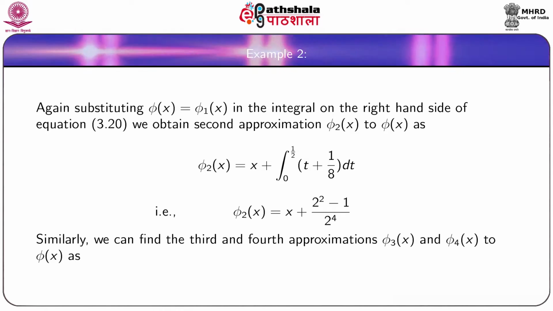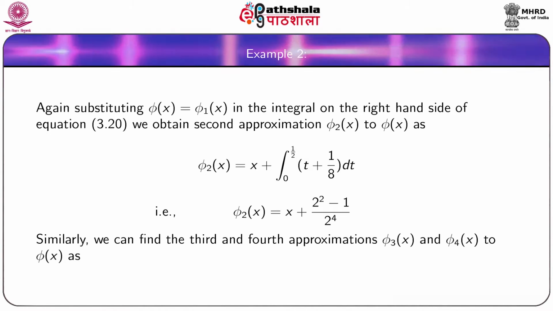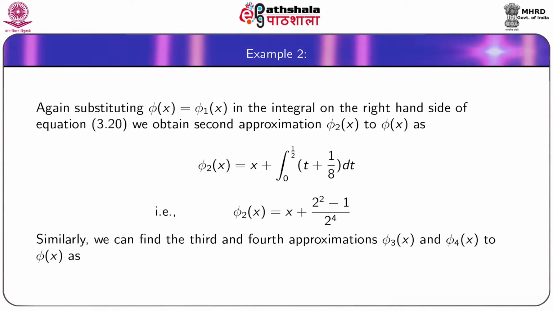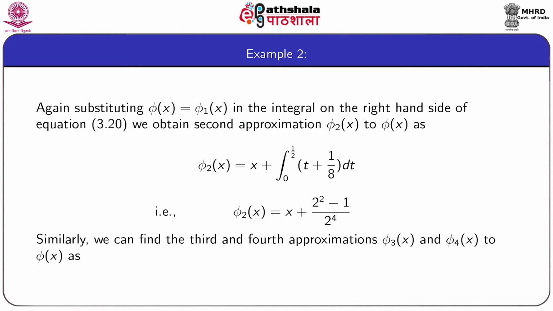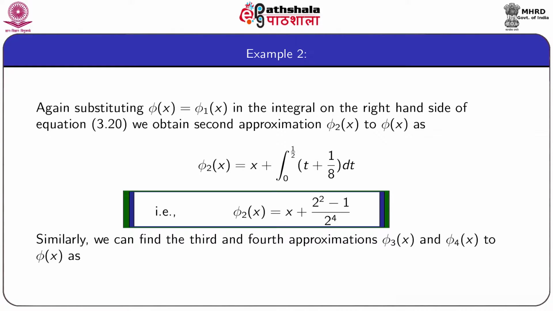Then we obtain the second approximation phi 2 x of phi x, the solution of the integral equation, as phi 2 x equal to x plus integral 0 to half t plus 1 by 8 dt. Simplifying, we obtain the second approximation phi 2 x equal to x plus 2 square minus 1 by 2 to the power 4.